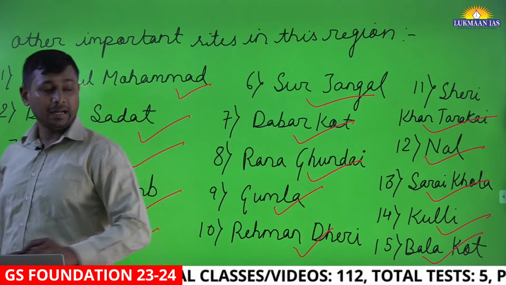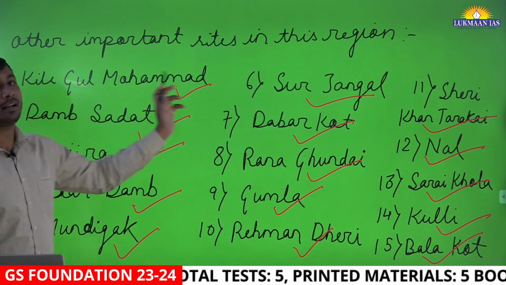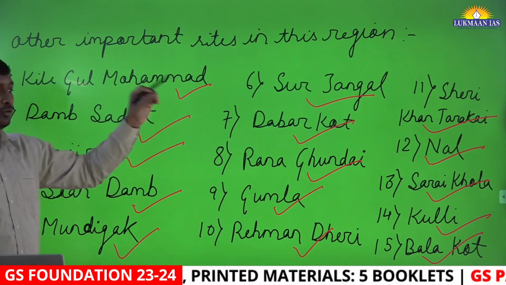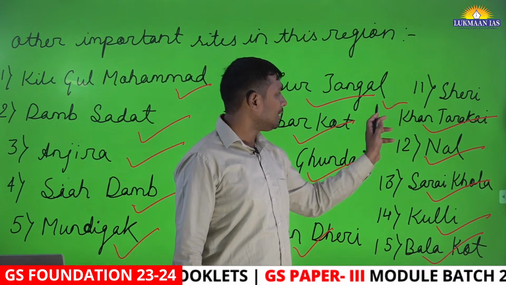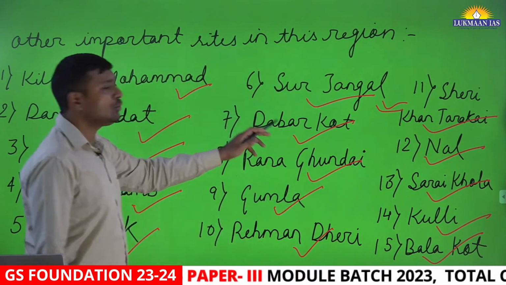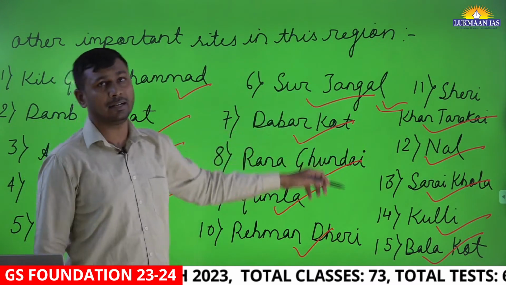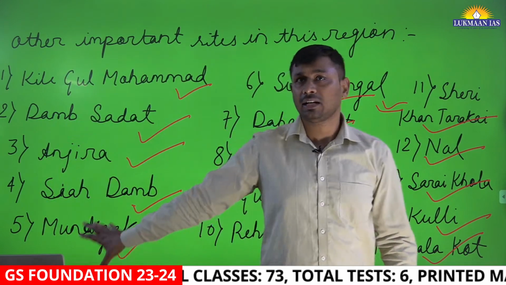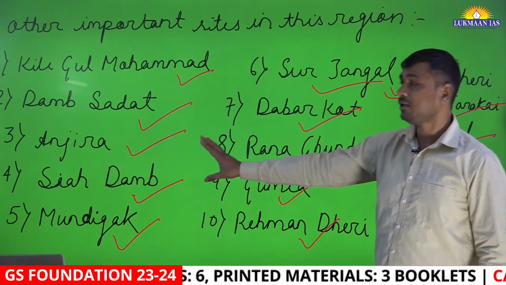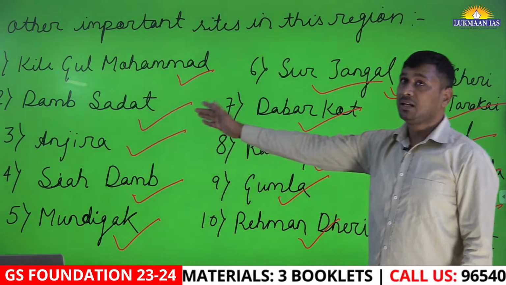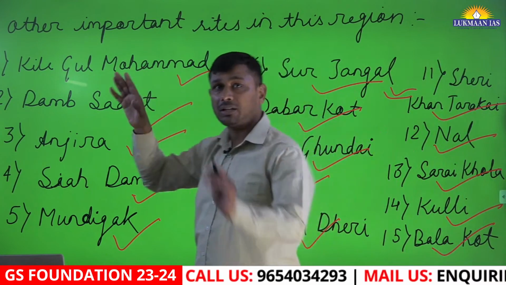So if you get the names of these sites anywhere, or you get a particular geographical location, then you can write all the features which are associated with Mehargarh for this site. By and large it will work, and it will help you to write the correct answer and fetch marks.